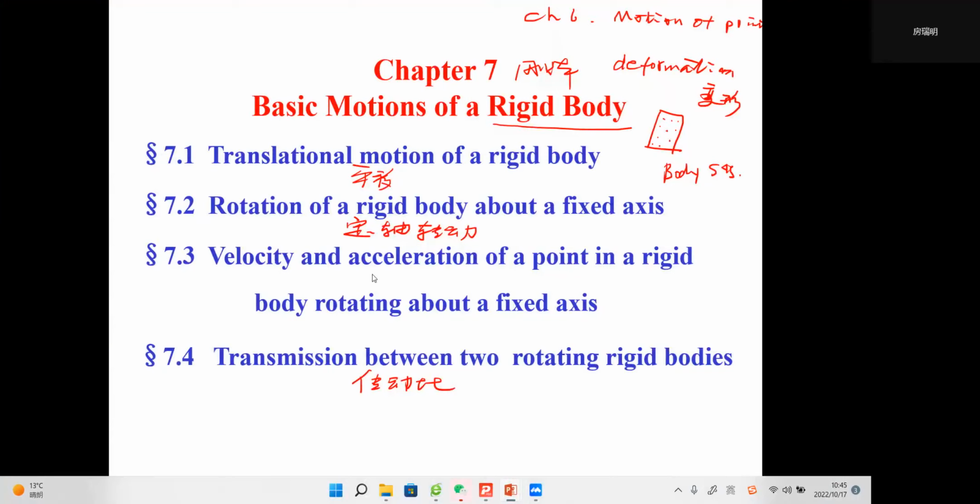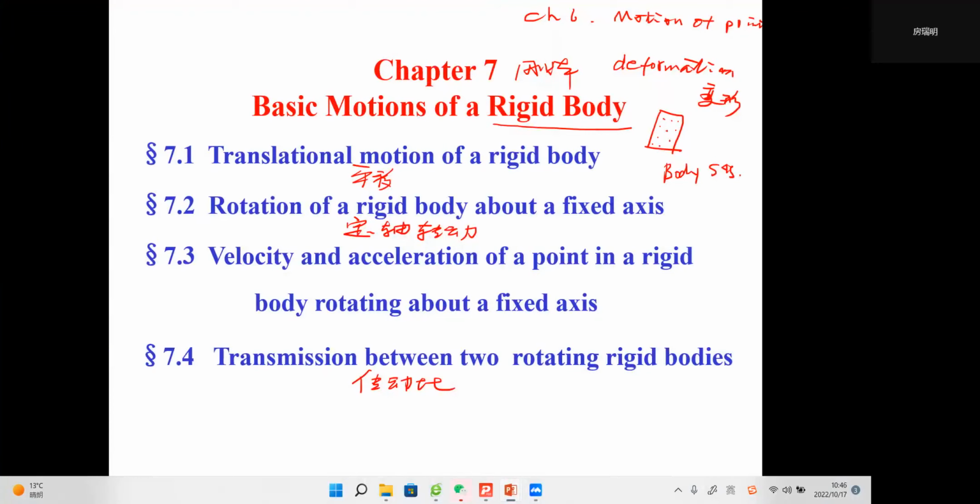This chapter 7 tells us about the basic motions of a rigid body. It's very important because it prepares you for our coming chapter, chapter 8, which will be very difficult to understand.